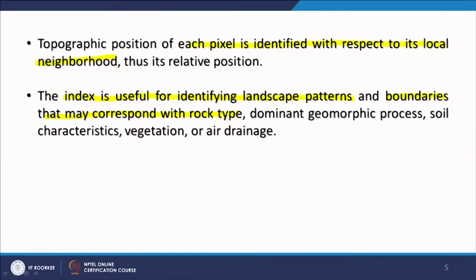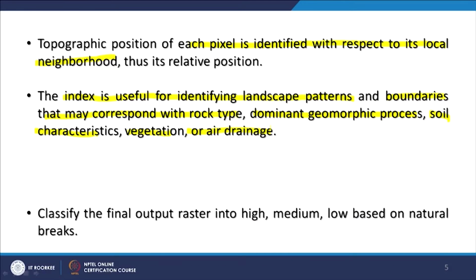So if we find a completely different roughness in two adjacent areas, there must be some reason, and one of the possibilities is that the rocks might be different in those two areas which are showing two different kinds of surface roughness or topographic roughness. It is also useful for dominant geomorphic features, processes, soil characteristics, vegetation, or air drainage in the case of desert areas or other things.